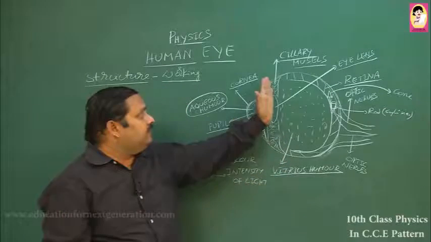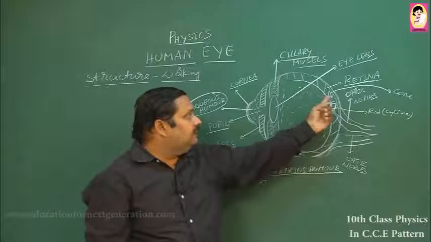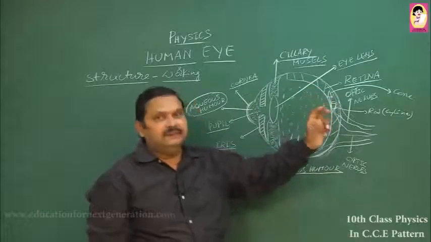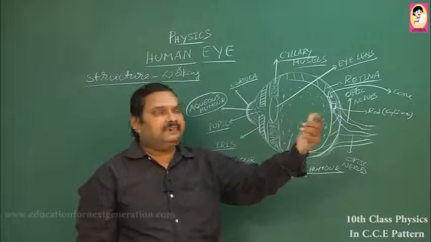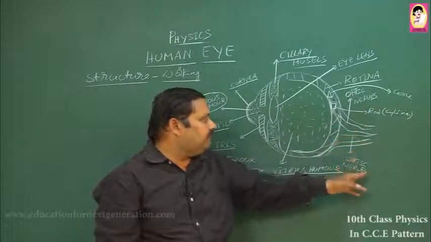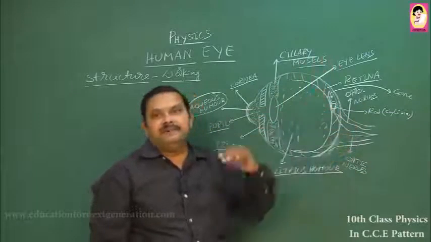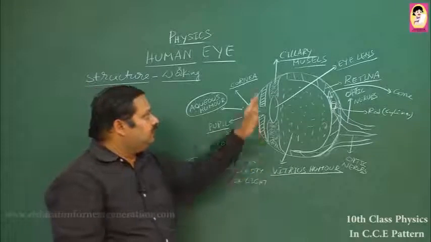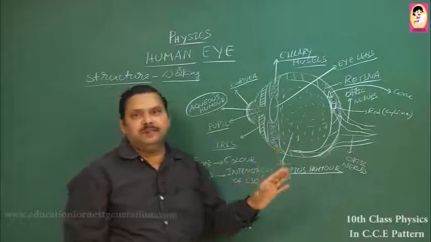So, once the image is formed on the retina, the rods and cones turn the optical signals into electrical signals, and those electrical signals are sent to the brain with the help of optic nerves, and the brain interprets the object, or we can see the object. So, this is the functioning of the human eye.